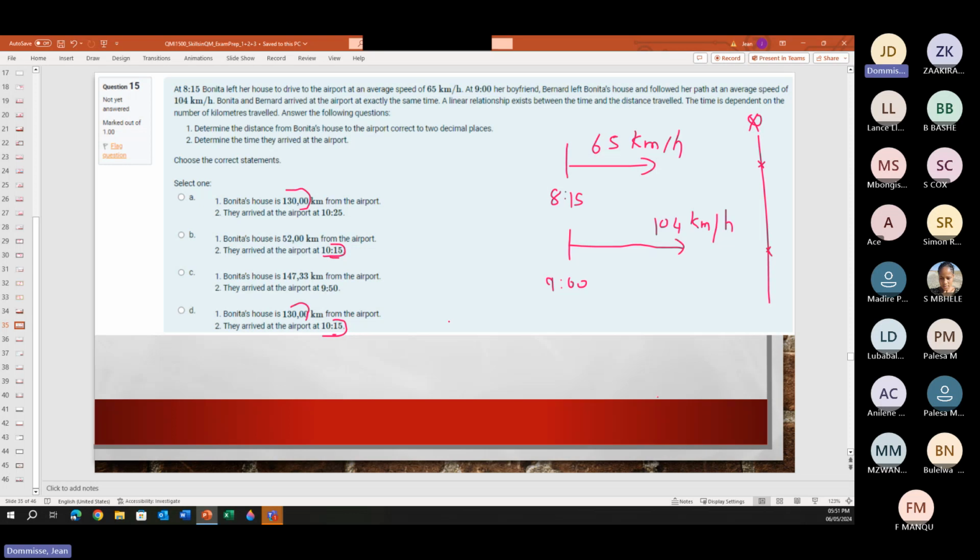Okay, so how would you guys go about this? You need to think about looking at two equations that you can equate to be equal.